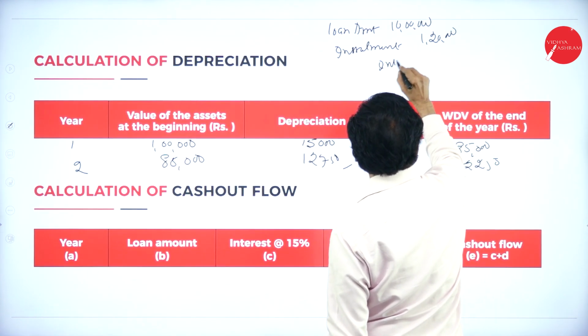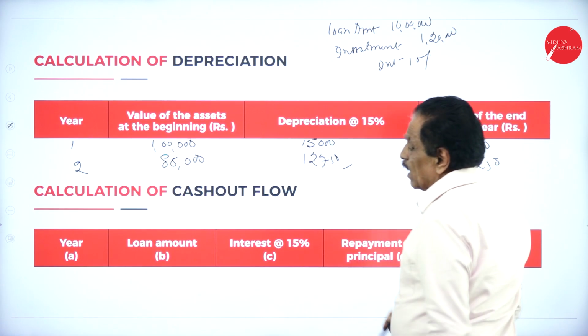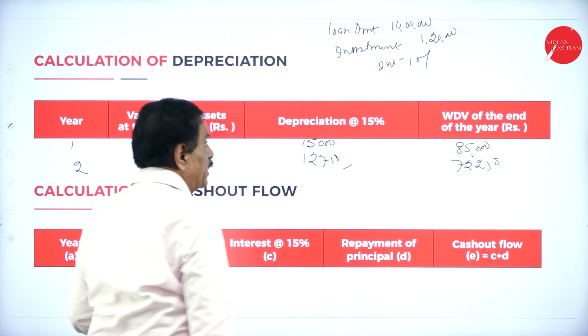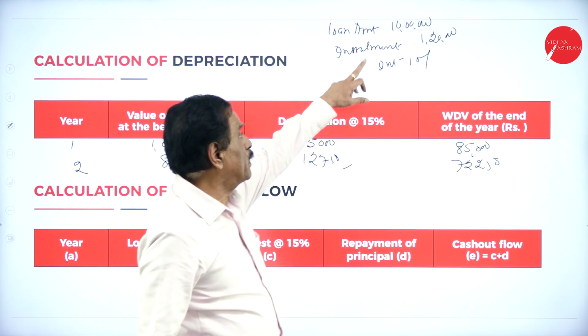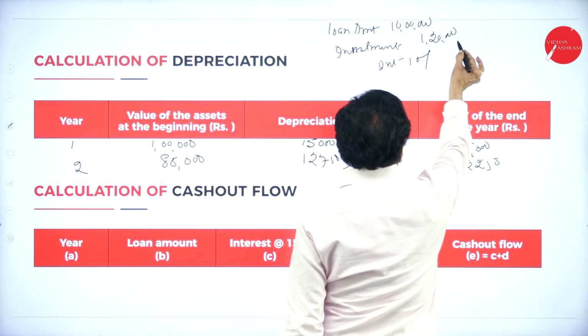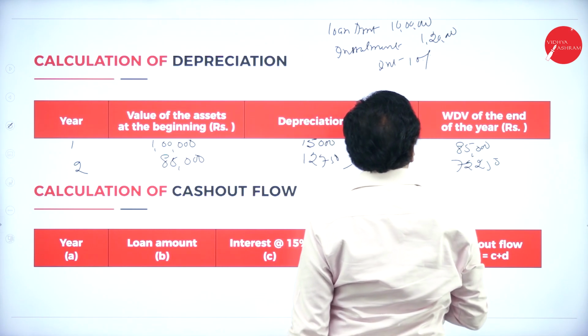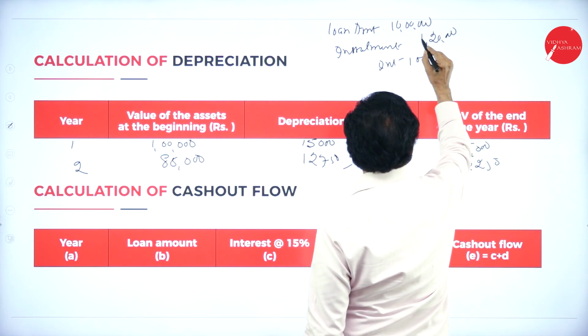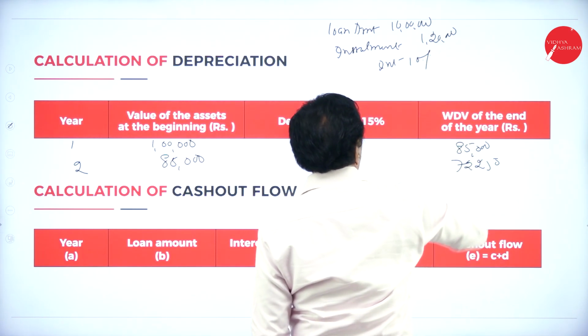Interest at 10%. What's the loan amount you have to write? 10 lakh. Interest 10% of 10 lakh is 1 lakh. So here 1,20,000, 10% of 10 lakh is 1 lakh. Assume that it is 12, every installment you have to pay.